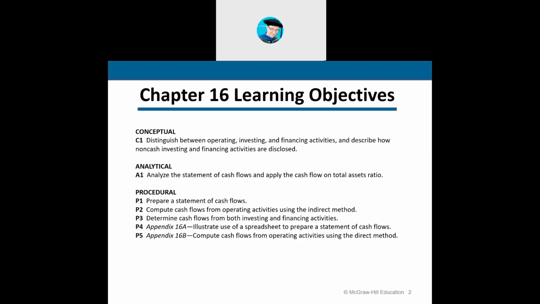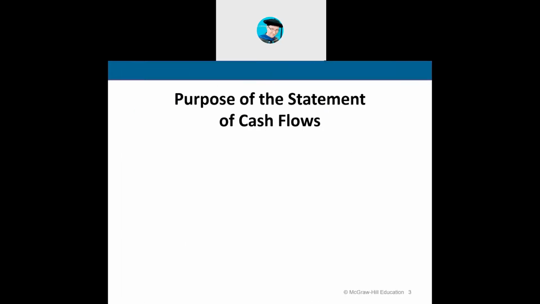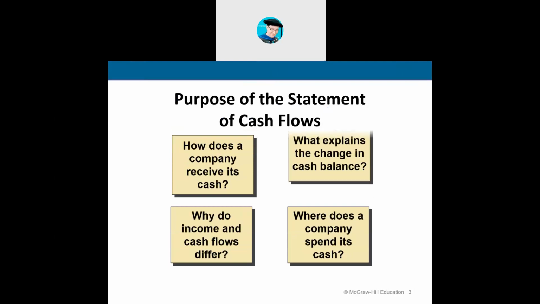In operating activities, which is the first thing we're going to talk about, the cash inflow is the cash we receive from our customers from sales. And the cash outflow is all of our expenses. We call it operating activities because it represents the day-to-day operations of the business.